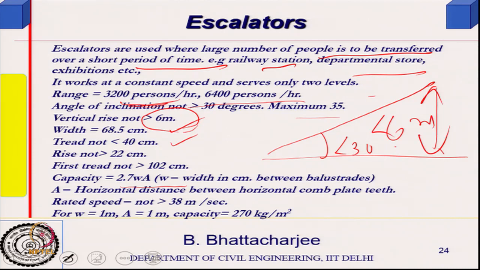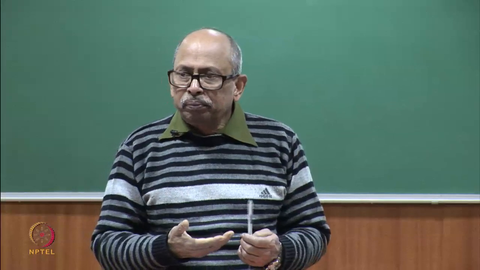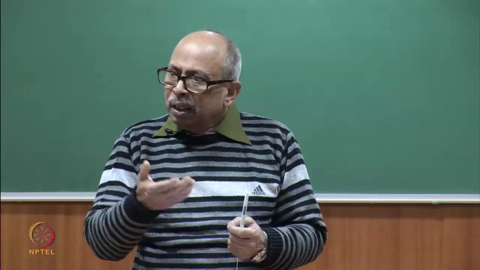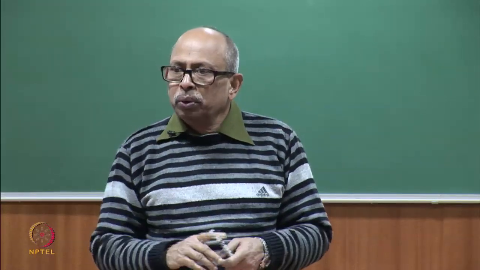Capacity, generally this is a simple formula. If W is the width, between the handles actually, then capacity is 2.7 W into A, where A is the horizontal distance between the horizontal comb plate and teeth, because it goes as steps. When it returns, it goes as a flat one at the bottom side, which you do not see.